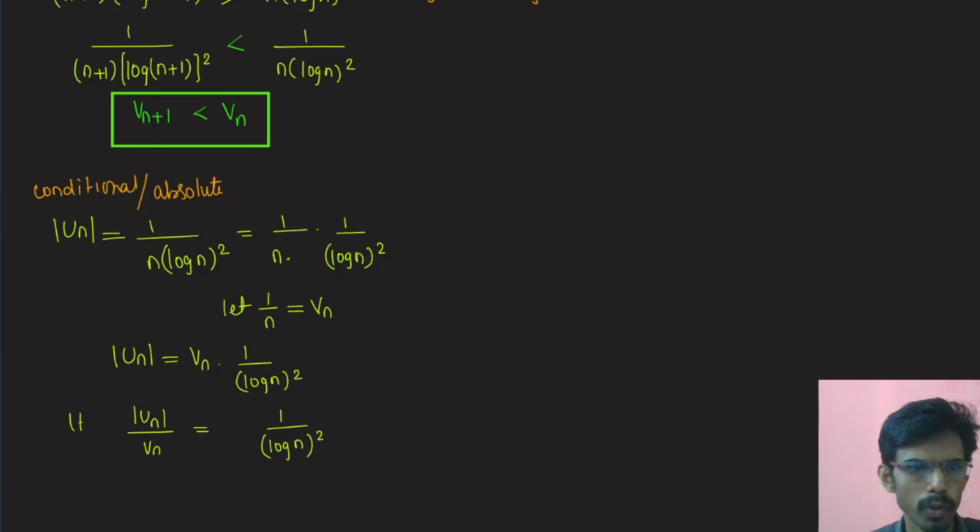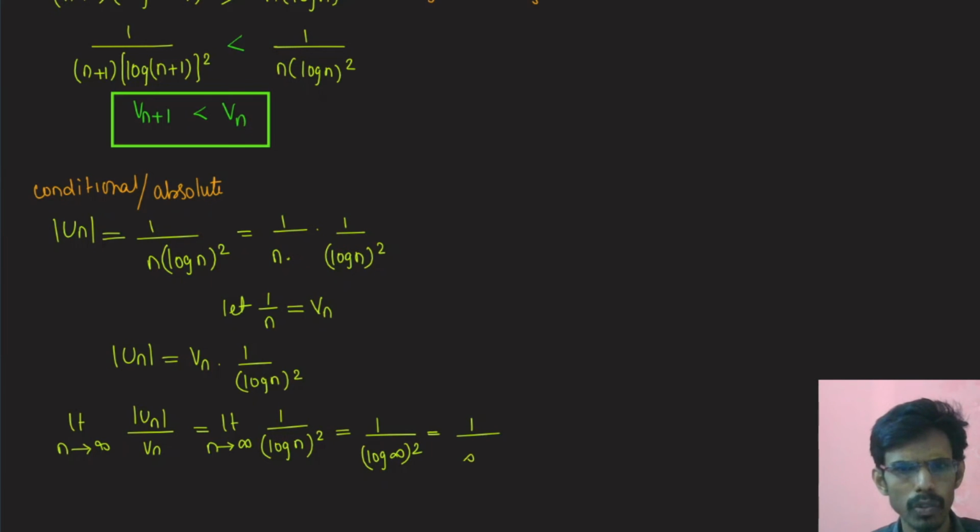Now apply limits on both sides, n tends to infinite. If I put infinite here, log infinite square: log infinite value is infinite, infinite square is also infinite. So I am getting 0 here. Right? 0 means less than 1.